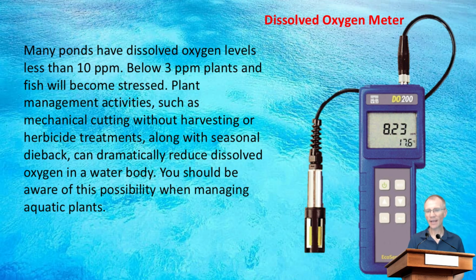Plant management activities, such as mechanical cutting without harvesting or herbicide treatments, along with seasonal dieback, can dramatically reduce dissolved oxygen in a water body. You should be aware of this possibility when managing aquatic plants.